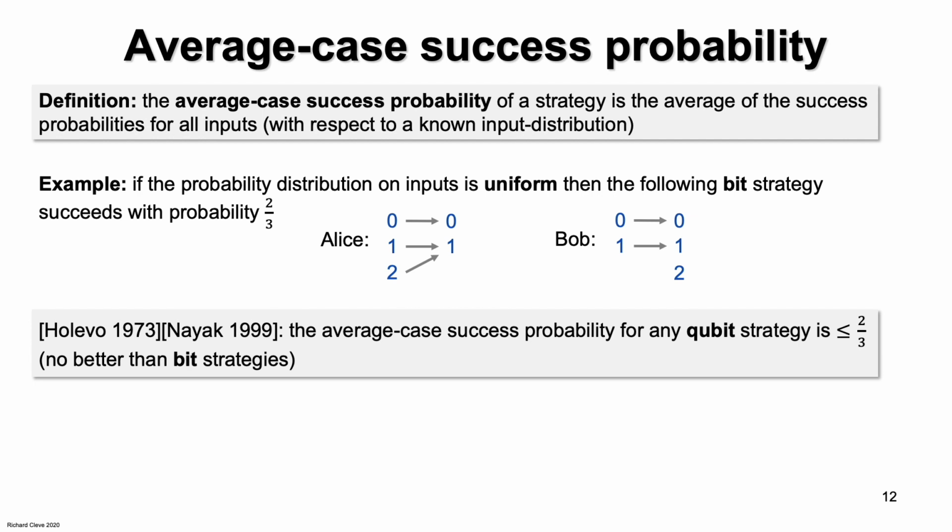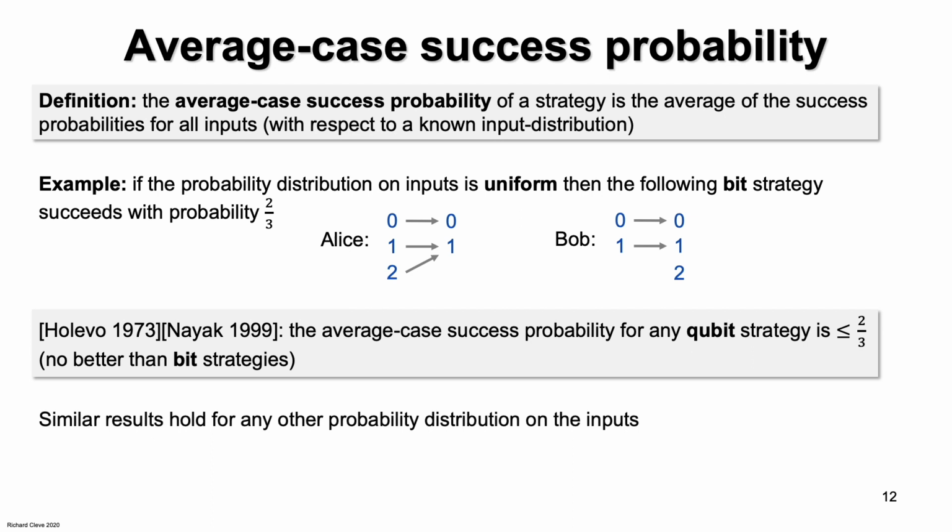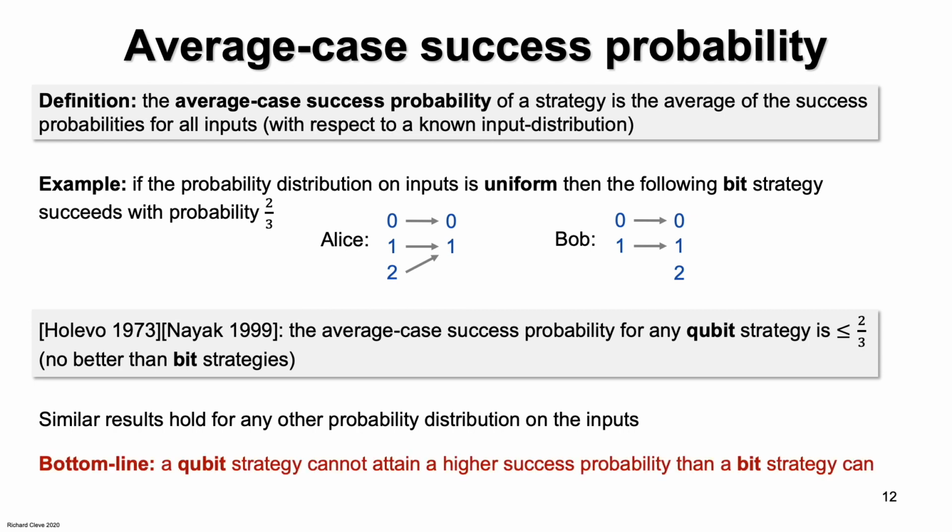If there were different probabilities associated with 0, 1, and 2, the conclusion would be similar. There is an optimal classical bit strategy, obtaining the maximum possible average case success probability, and a qubit strategy cannot do any better. As long as the probability distribution of the inputs is known, the bottom line is that a qubit cannot outperform a bit in this context.